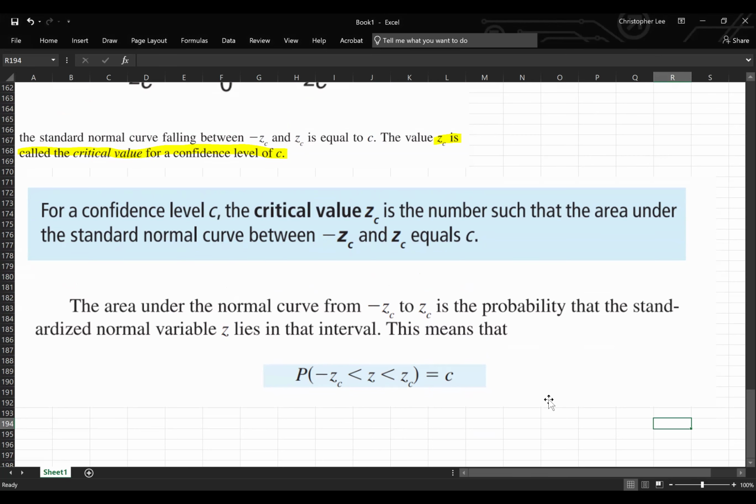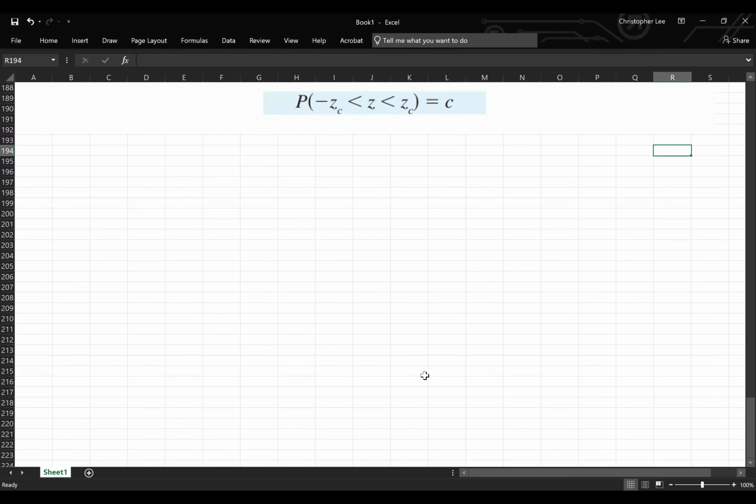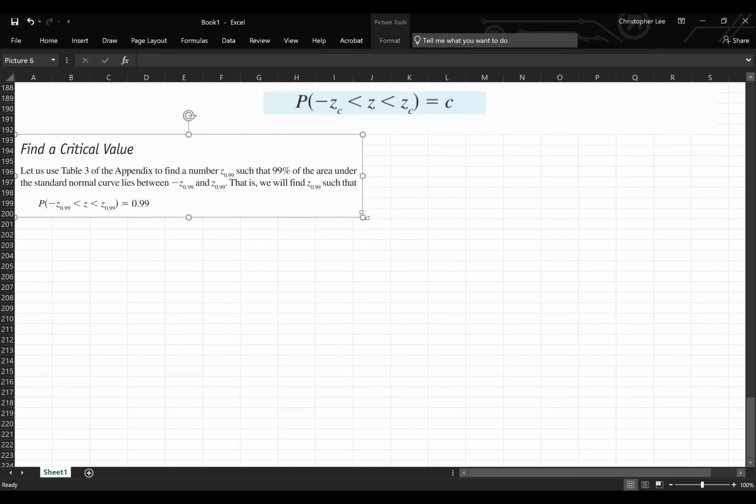All right. Let's look at an example real quick. It'll make more sense.